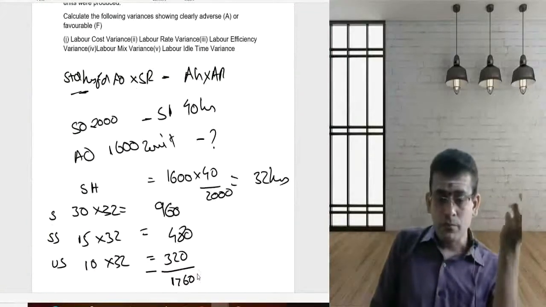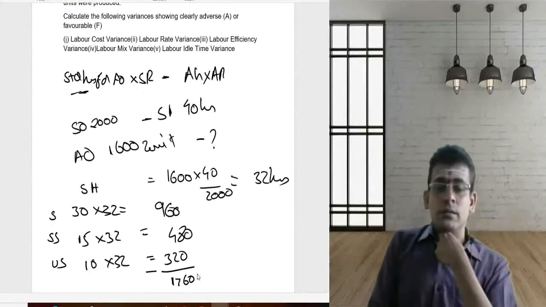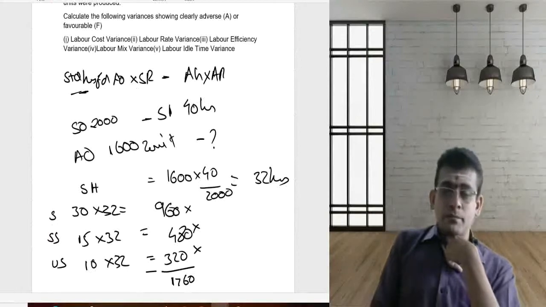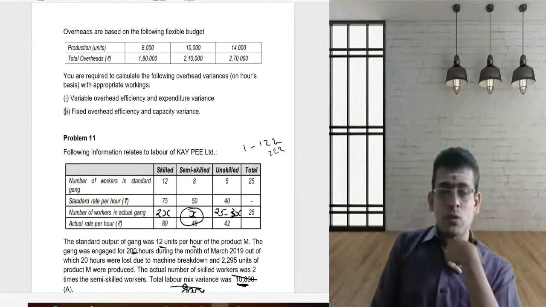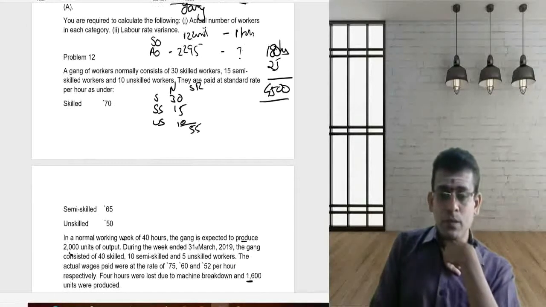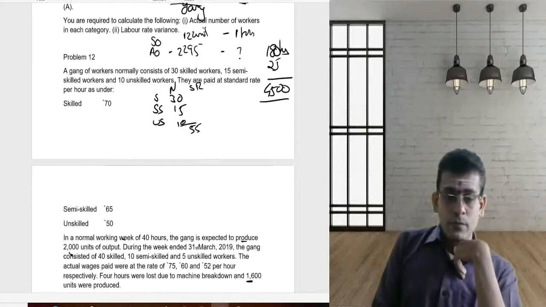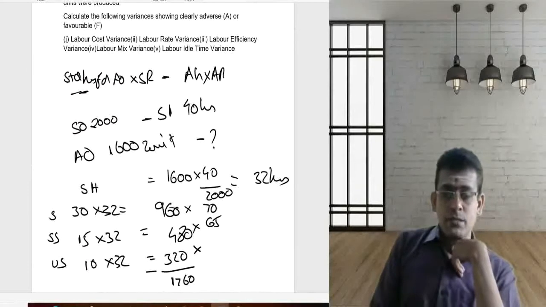Now, how do we calculate this? SH into SR. Multiply this with your standard rate and we will get the standard cost. What is the standard rate per hour? 70, 65, 50.